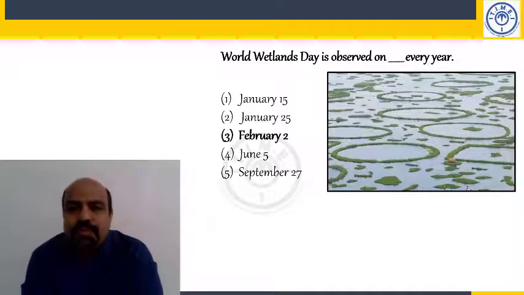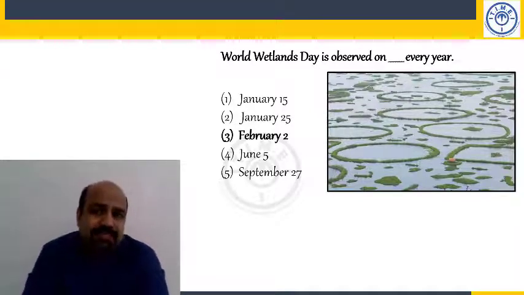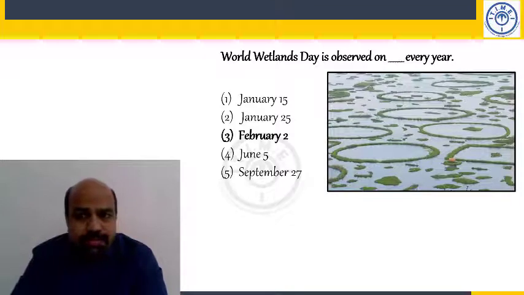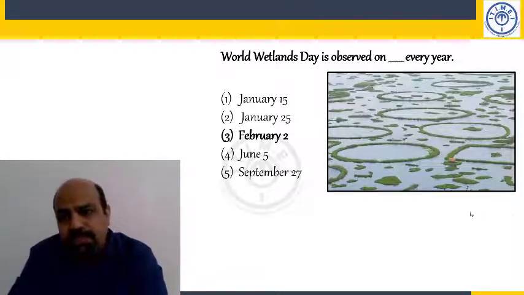It's a pretty large lake, I think the largest freshwater lake in Northeast India. In this lake you can see circles. Some places you will find squares and circles. You see a house here.